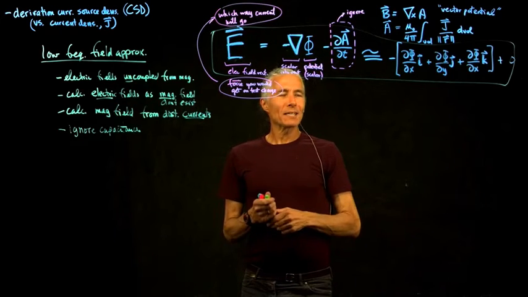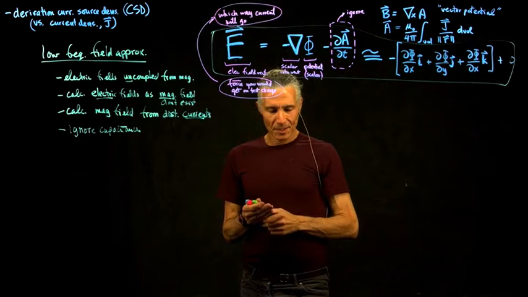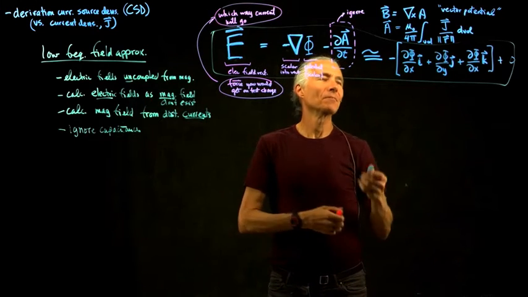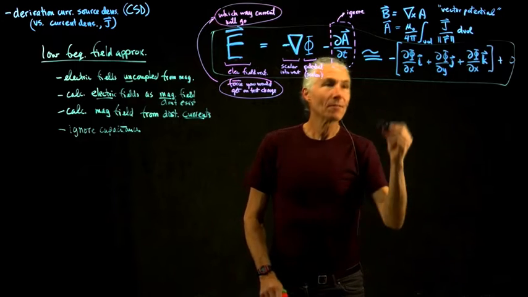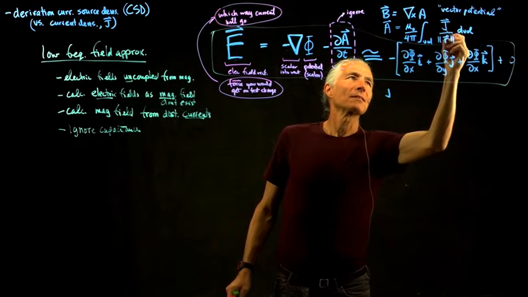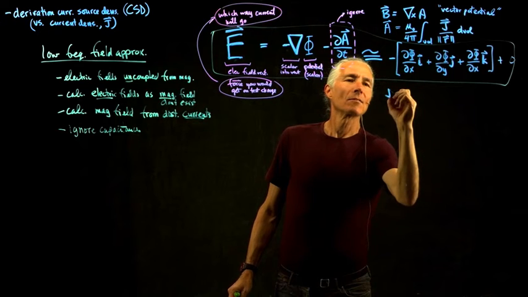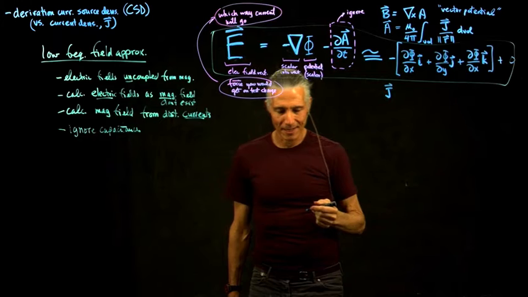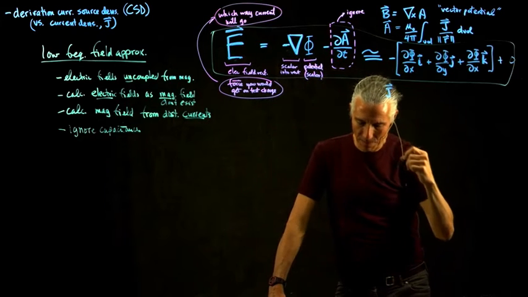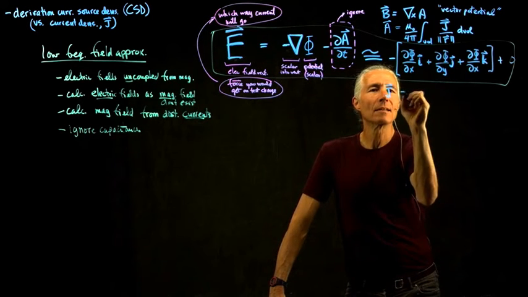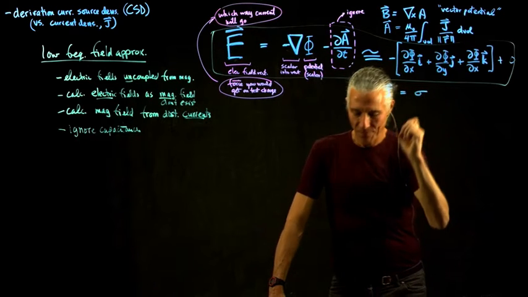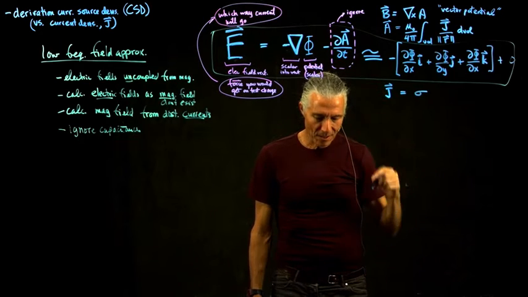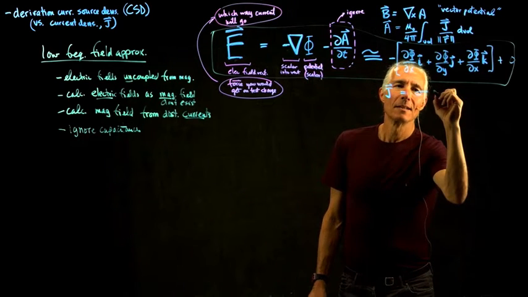I didn't define the J, so maybe we should mention what the J is. The J is the current density, not the current source density. The current density is equal to this constant, called the conductivity, times the E field.